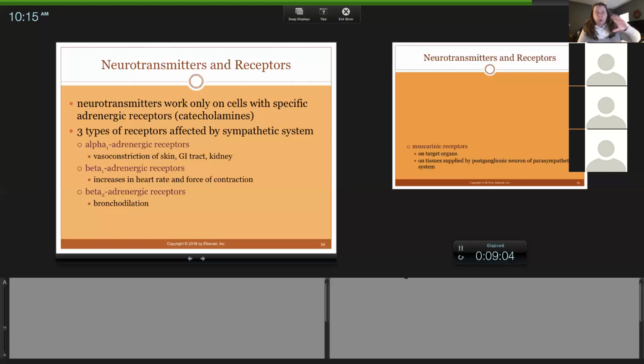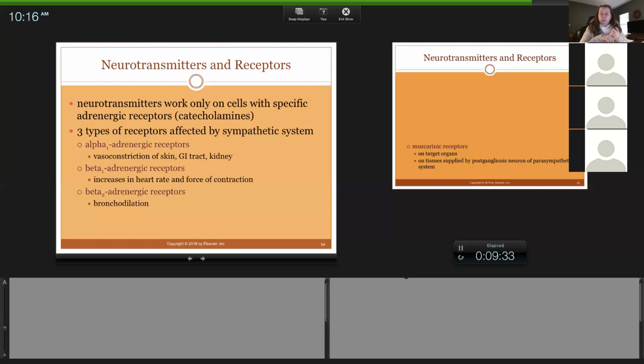Vaso is vessel, constriction is to narrow. You have blood flow in your kidneys, in your skin, in your GI tract. When those vessels constrict, that blood is shifted to other areas of the body. So that blood is now available to the muscles, the lungs, the brain, the heart. Okay, that blood is being squeezed out and pushed somewhere else.